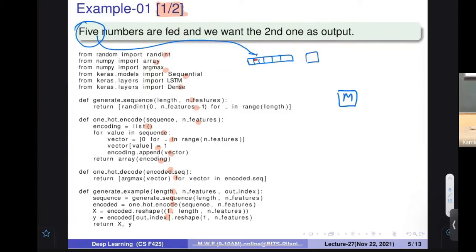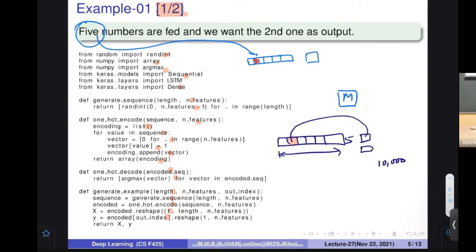I am going to create an array of 5 numbers, and I tell the system that the second number is the output, so this number I also provide. I am going to make 10,000 such pairs, where I generate 5 numbers and put the second number over here myself. So I have created a database of 10,000 examples.